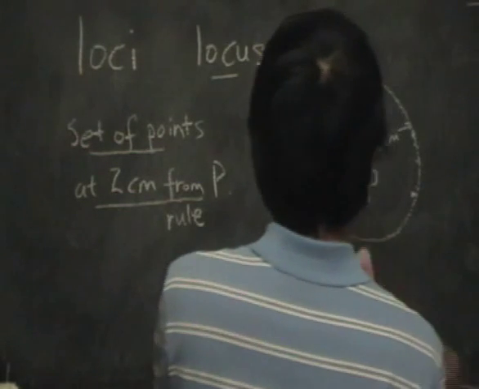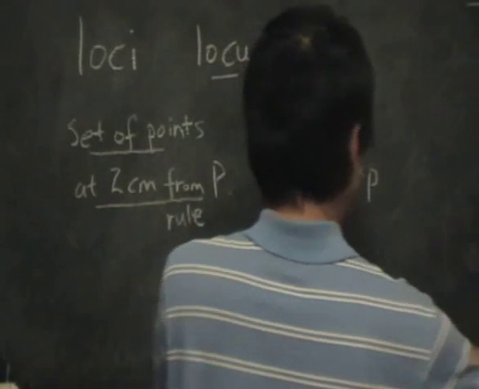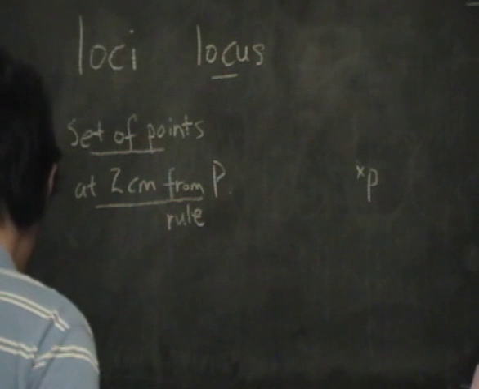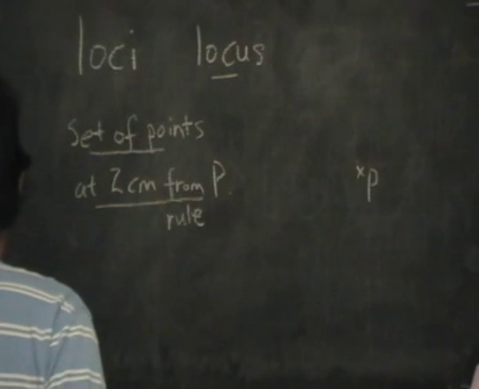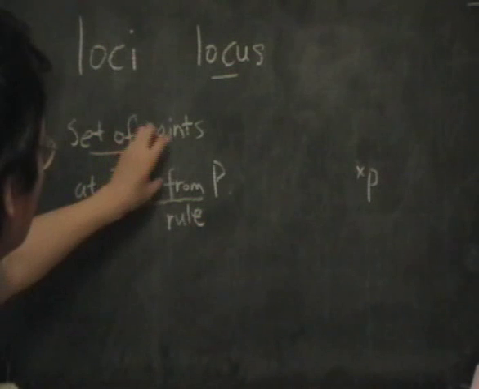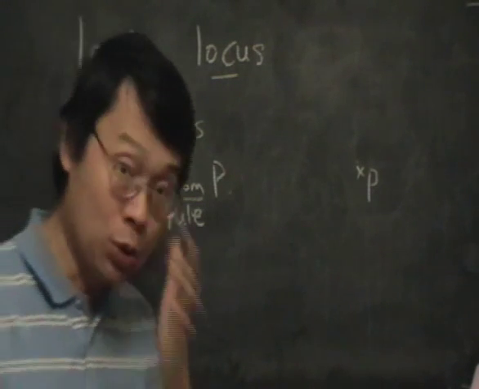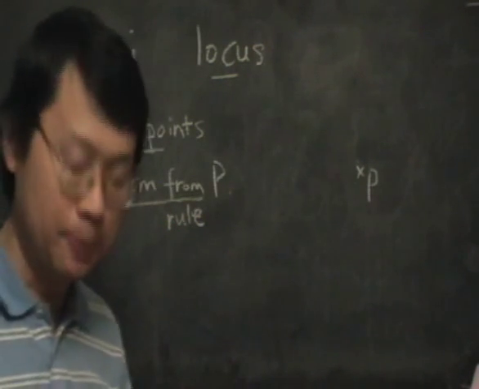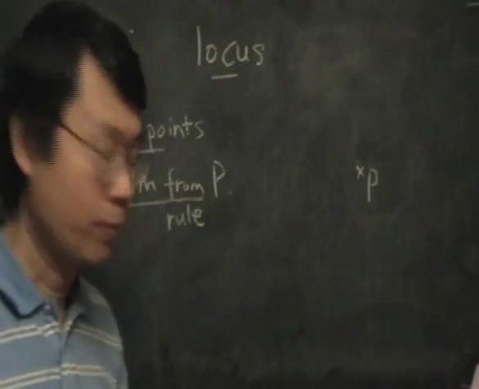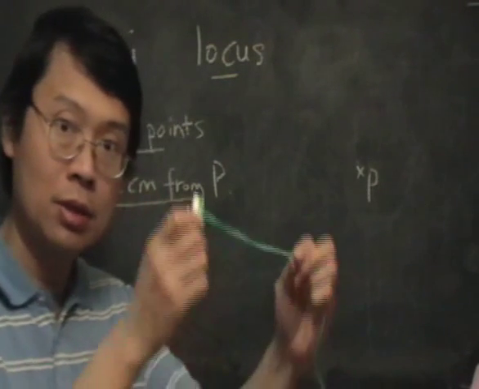So let me clean this circle away. Alright, now if we have this problem where we are given that the locus is a set of points at 2 centimeters from P, and we need to draw this locus, well, first we have to understand that it is a circle, and once we know that it's a circle, we can draw it using a compass.